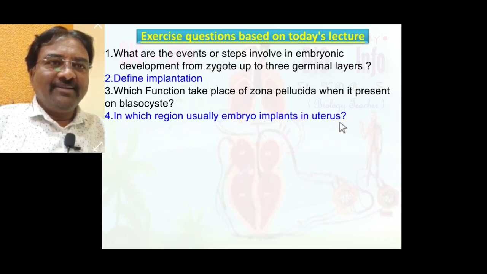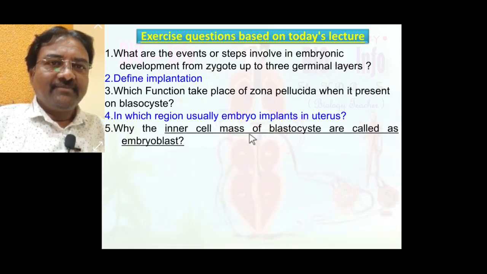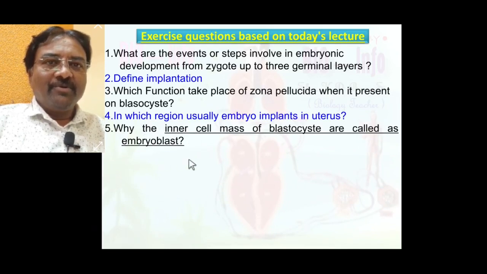Yes, the fundus region of the uterus. Why are the innermost cells of the blastocyst called embryoblast? Because the innermost cells, the embryoblast cells, form the proper development of the embryo. So the innermost cells are most important and are called embryoblast.